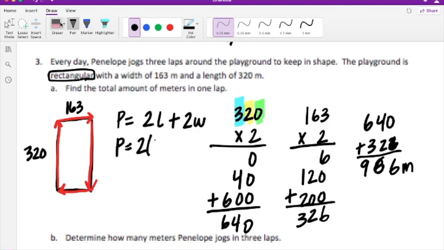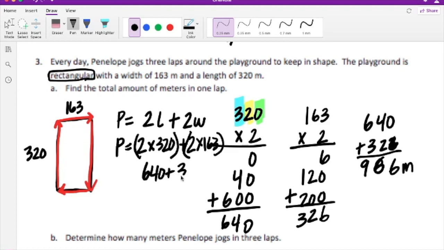And I'll show you here too what I did. I just did 320 times 2 plus 163 times 2. This was 640. This was 326. Put them together and I get 966.